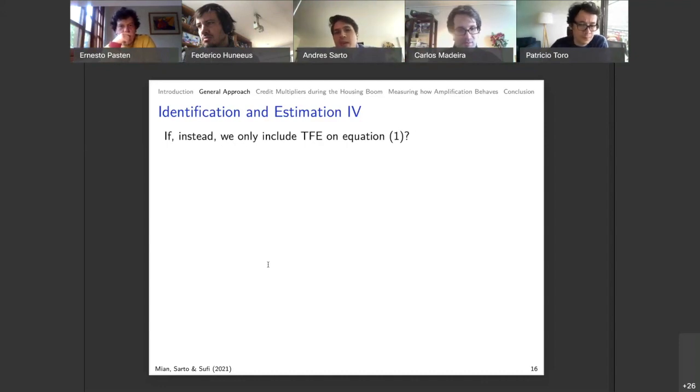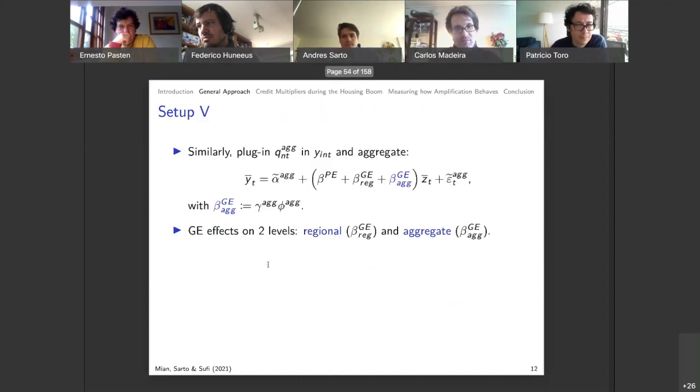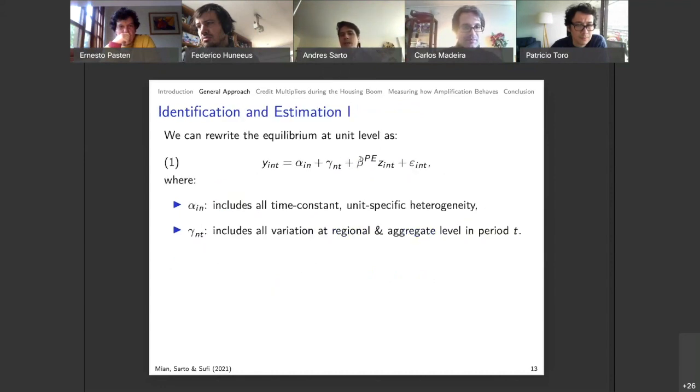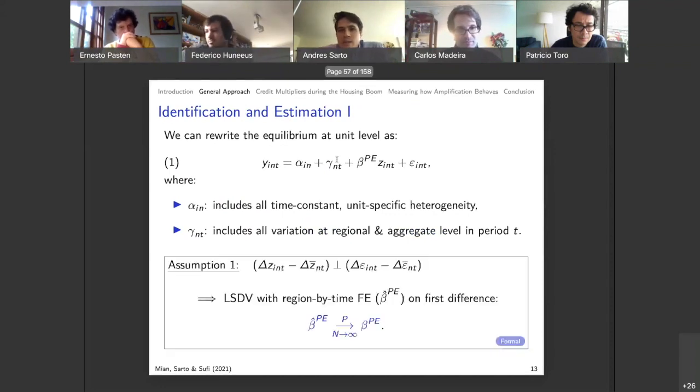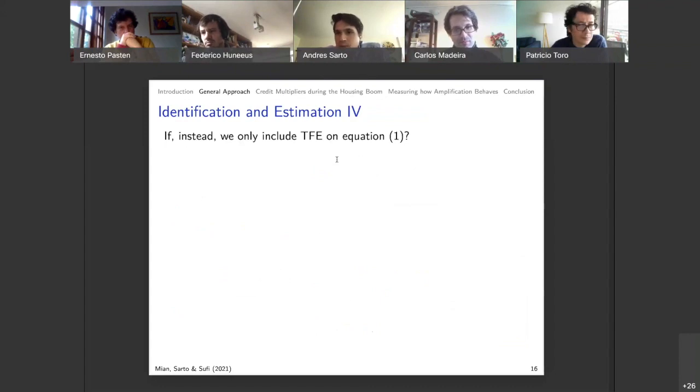And these specifications are, here, many times people run specifications like this one, but only include a time fixed effect instead of a region by time fixed effect. So what would be the consequence of, in this equation, only having a time fixed effect?